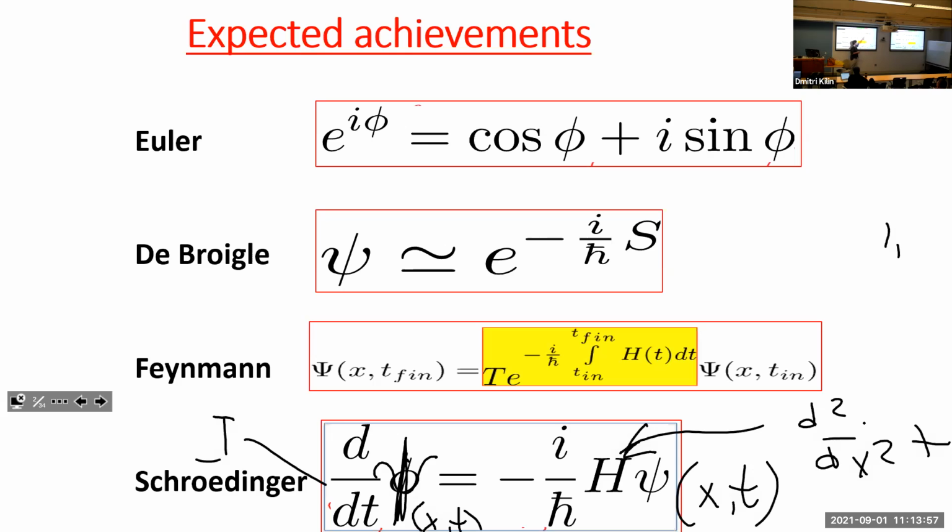And the S, which is action, we introduced last time. It depends on the trajectory. So the action that a particle accumulates along the trajectory enters the phase angle of this Euler exponential.